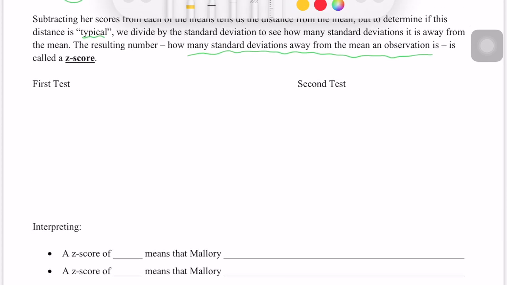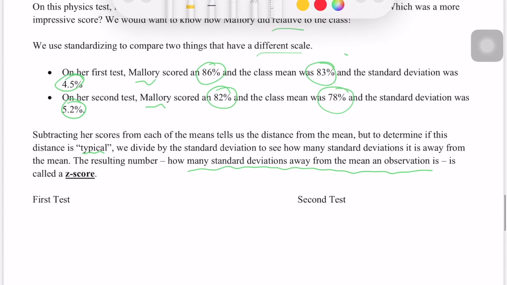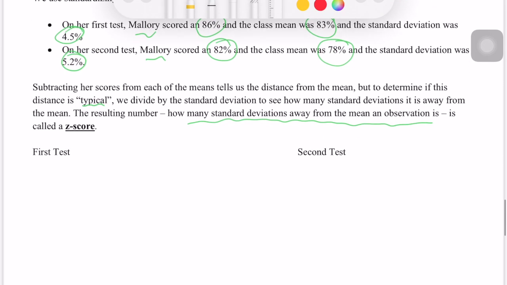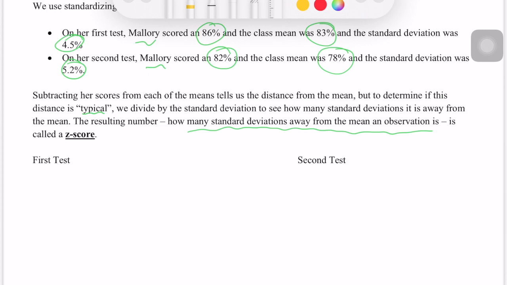So here are the numbers for the first test. What is the distance between her and the mean? Well, we're going to look at her value minus the mean. In this case, it is going to be 86 minus 83, which gives me a distance of 4.